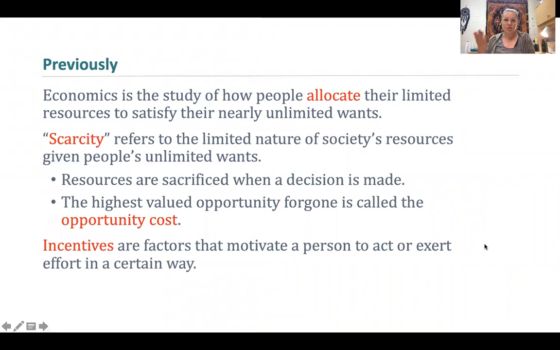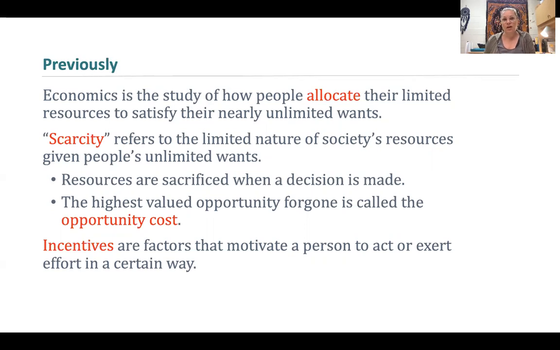So in the last chapter, chapter 1, we talked about how economics is the study of how we allocate our scarce resources. We have a limited amount of stuff available to us, but pretty much unlimited wants. And so every time we make a decision about how we allocate those resources, something has to be sacrificed. That is, we face trade-offs.